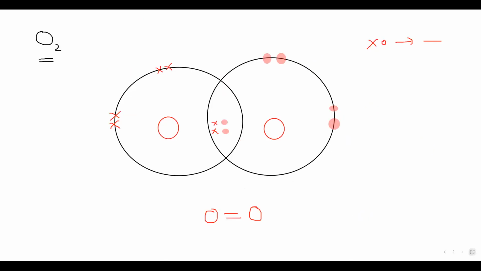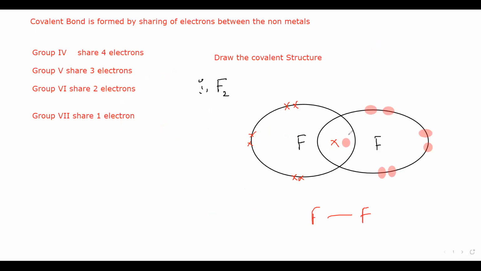Another example, this is just a representation. When there is a pair of electrons, pair means two electrons, we can symbolically represent this pair by a single line.